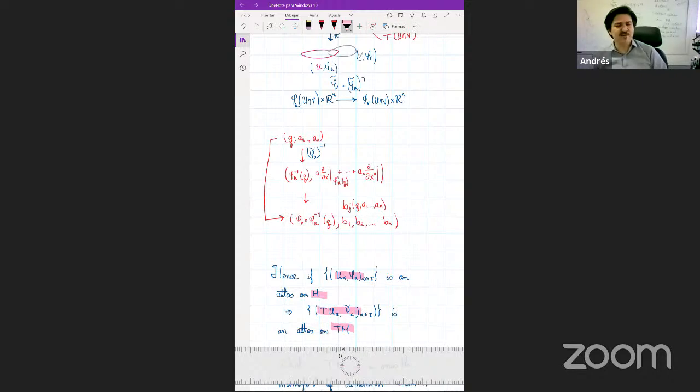In that way, I get that TM is a smooth manifold of dimension 2n.